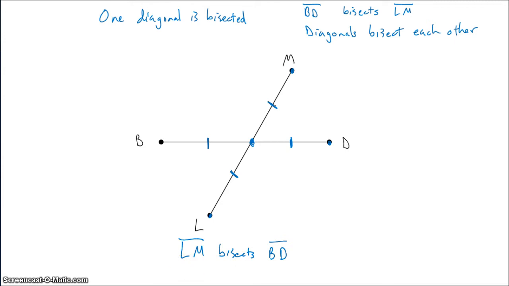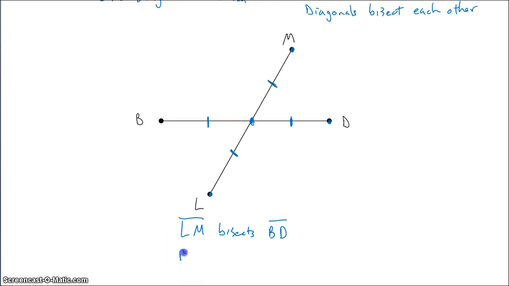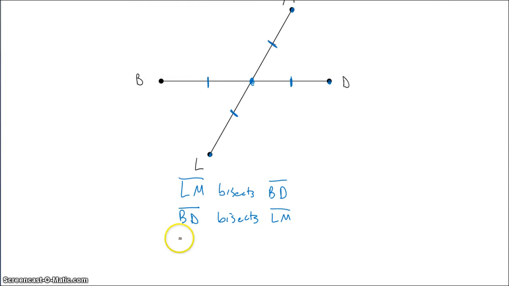So I can also say that LM is being bisected by BD. Because both line segments are being bisected, I can conclude that my diagonals bisect each other.